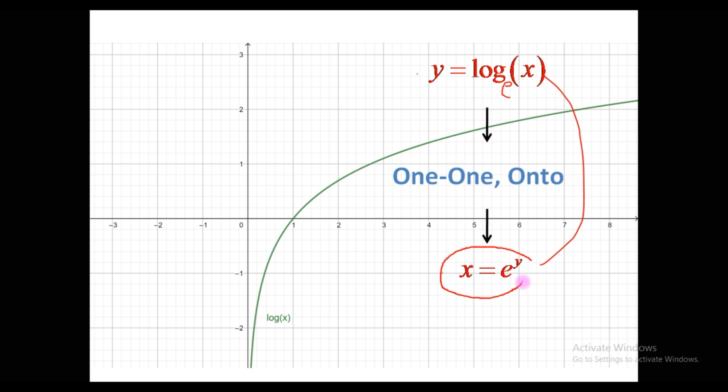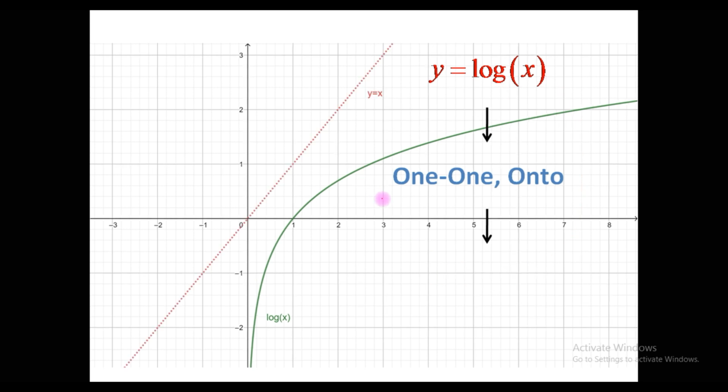Now there is a question for all of you. What will be the graph of x is equal to e raised to y? It will be the same as this. But what I want to find is the graph of the inverse function. So what I am supposed to do is draw the line y is equal to x. Replace y by x.